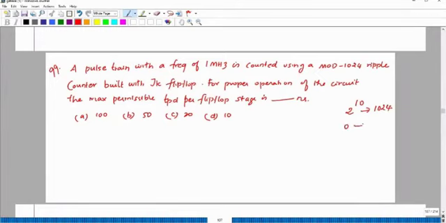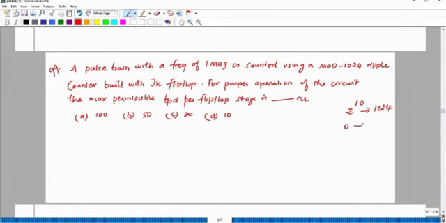So this is your output. This is a PMOS and this is your NMOS. This is P, this is N, and this is P, then N, P, N. Whenever one conducts, the other one is in the off state.